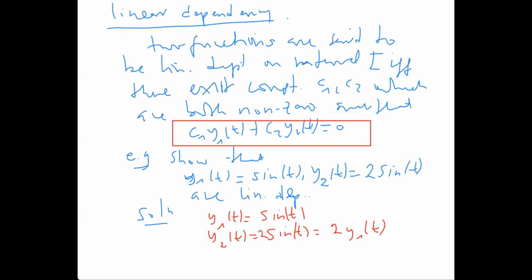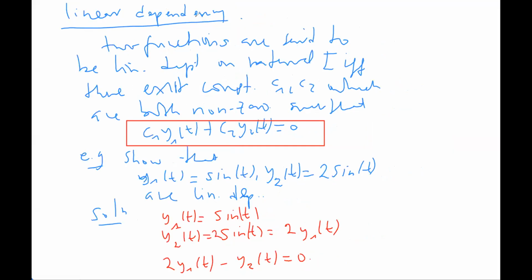In that case, we can write 2 y1 of t minus y2 of t is equal to 0. So, a very simple example.